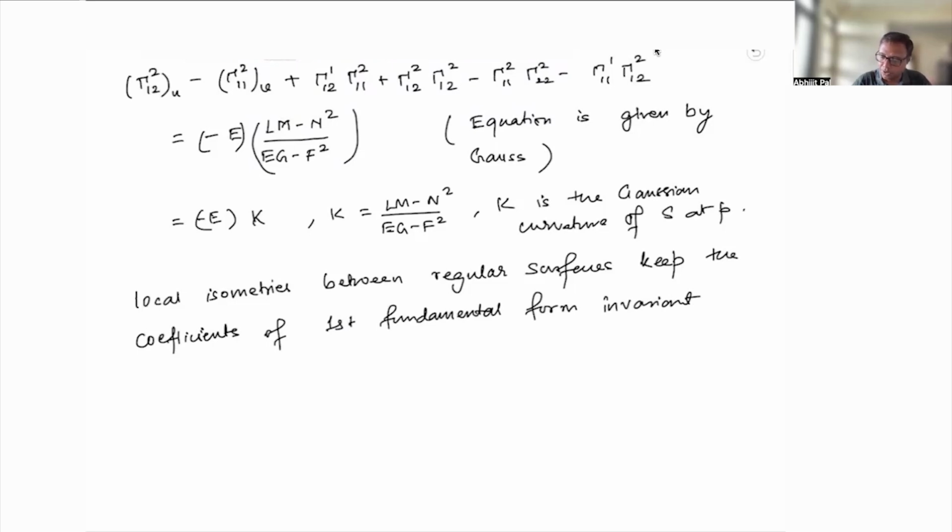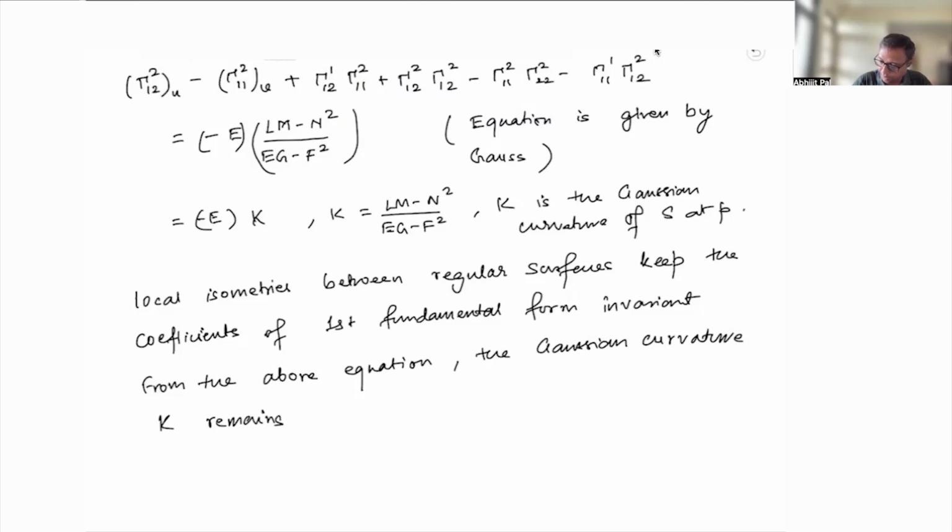So from the above equation, the Gaussian curvature K remains invariant under local isometry.